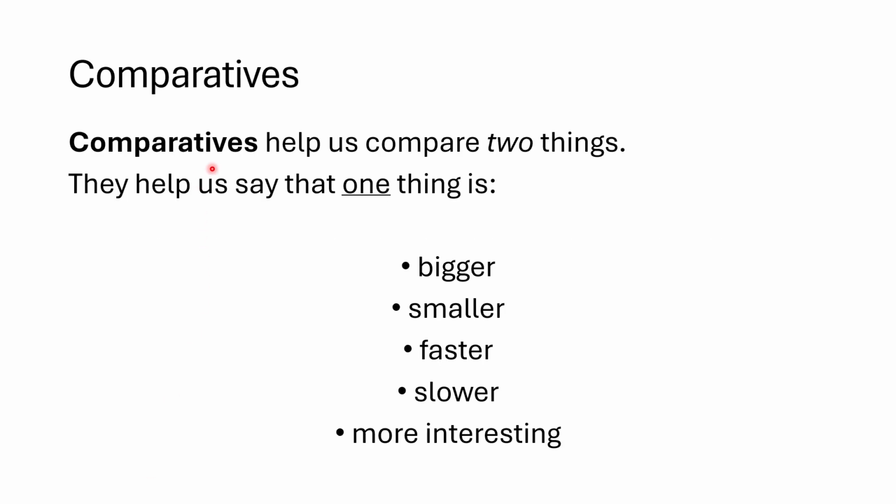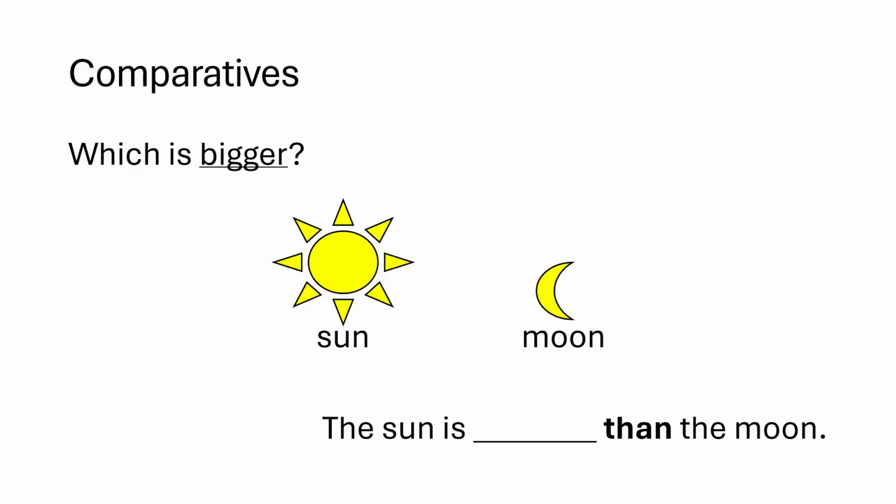Comparatives help us compare two things. They help us say that one thing is bigger, smaller, faster, slower, or more interesting. Look at these two pictures, the sun and the moon.